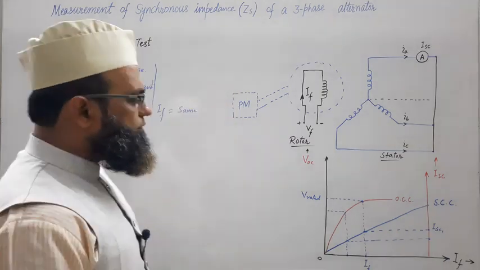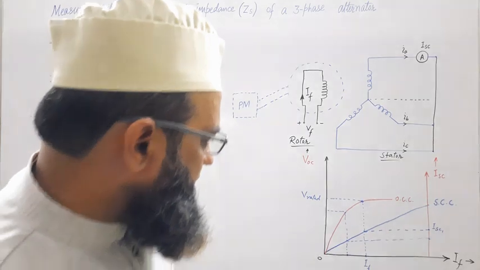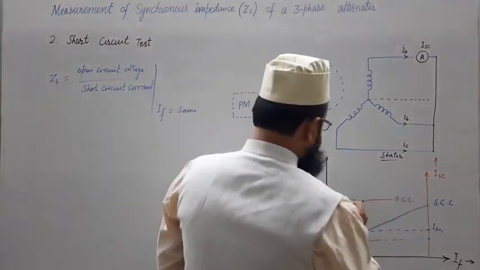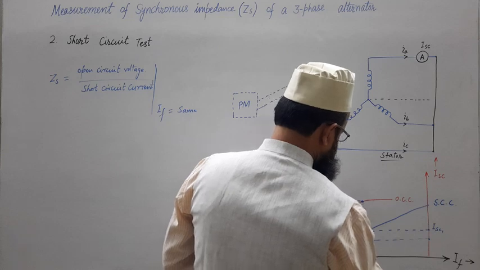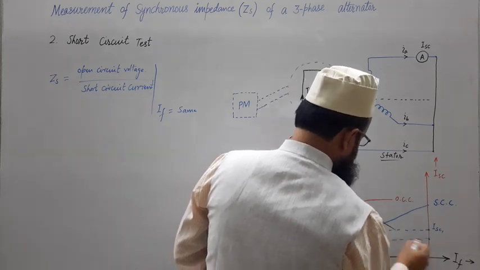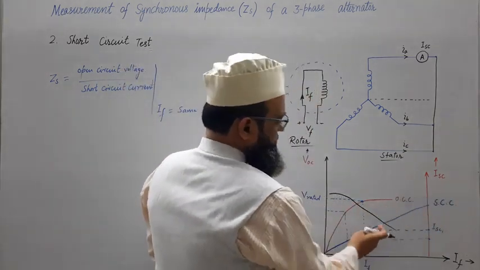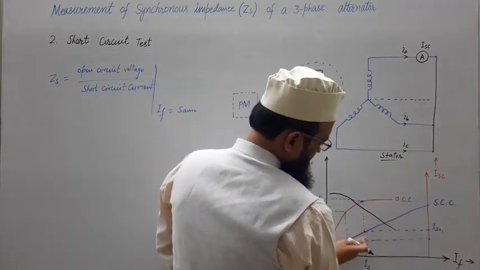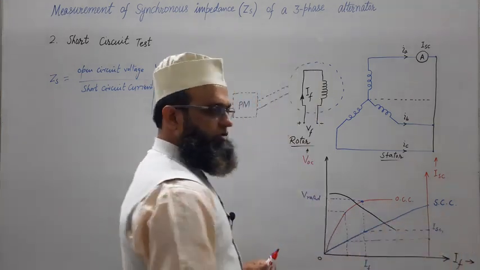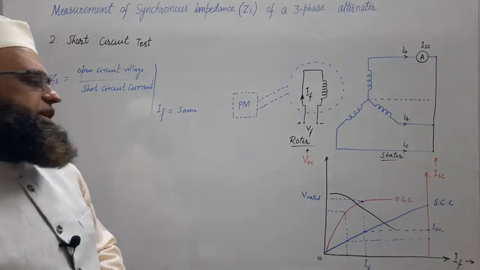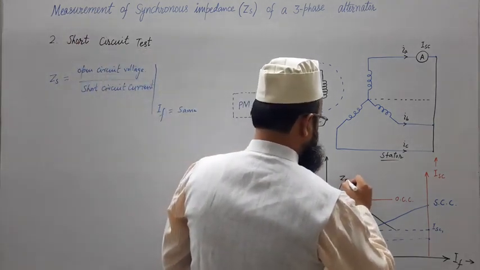So if we want to plot ZS against IF, it will be something like, let us say, this, and it will vary. Once it gets saturated, with increasing value of ISC, it will continue to decrease. So we are not getting a constant value of ZS. This is the plot of ZS basically.